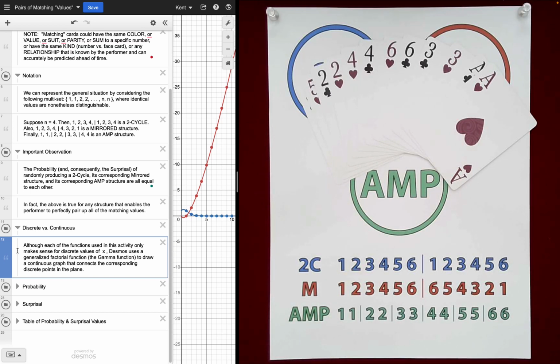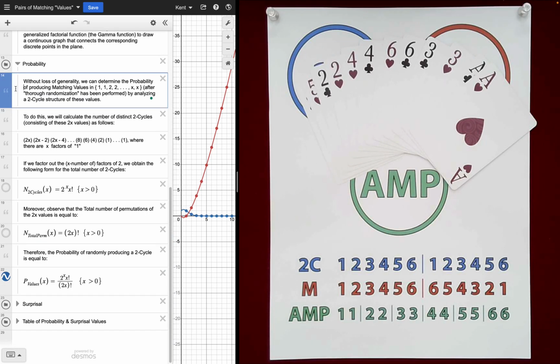So technically, when we get to our graphs, it's really only the dots that correspond to packets of cards that can actually be formed in the way that we're forming them here. Okay, Desmos is using the gamma function to connect these in a nice, smooth, continuous way.